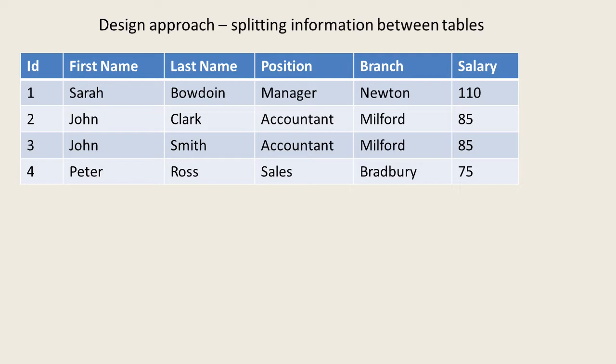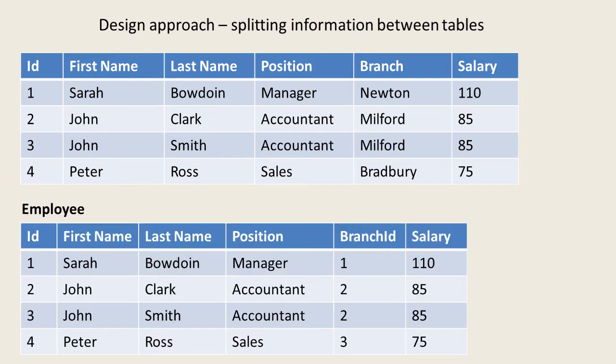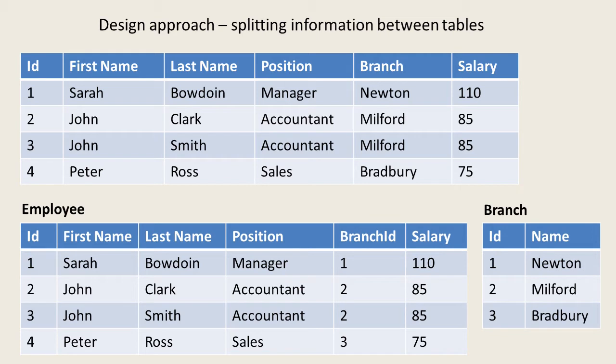What would be the correct way of implementing this table? We need to apply so-called normalization to this table, actually to this particular column. And the way to do it is to introduce two tables instead of one. One will still be the employee table, our original table, and the other table is the branch table. The branch table will only hold information about branches, so it will have nothing to do with employees. As you can now see, we gathered all branches together and assigned an ID to them.